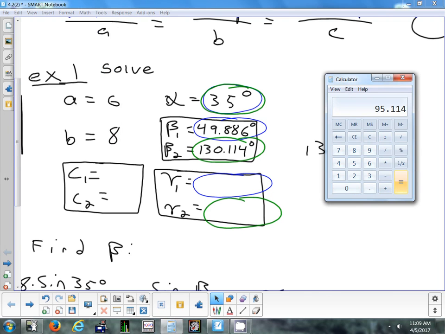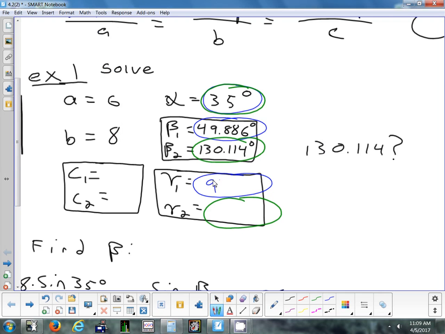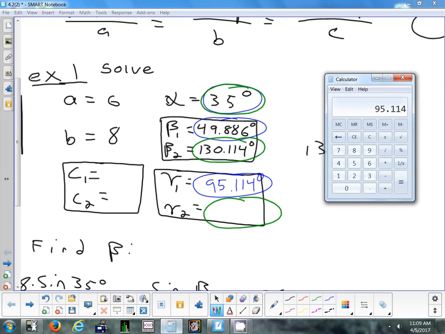And that means gamma 1 is 95.114. Okay, and Wendy, how would I do gamma 2? You add 35 and 35 and 130, and then subtract that from 180. And I get 14.86.